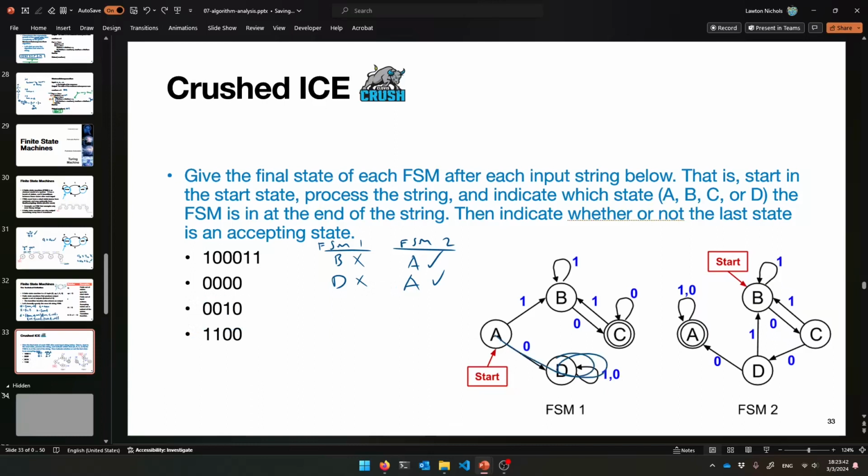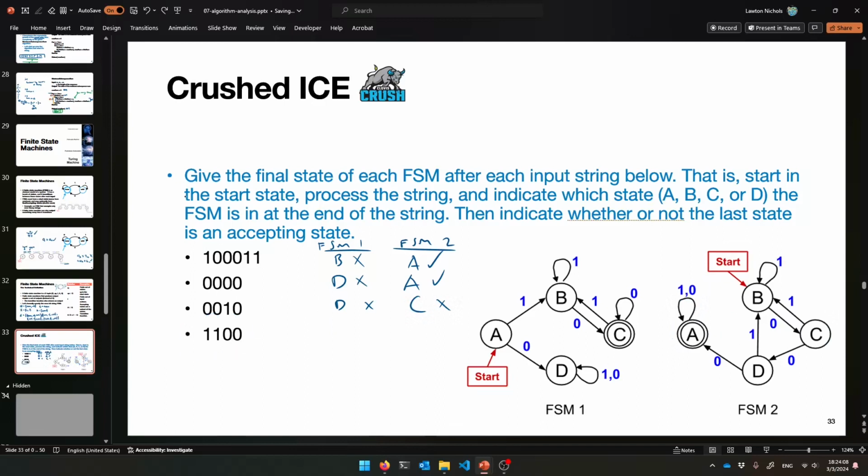Because it's never going to work if our first thing is a 0. It's kind of keeping track of that. So on D again, sadly, which is not accepting. And then finite state machine 2 on 0, 0, 1, 0. We're ending on C this time. But that's not accepting. Only A was accepting for finite state machine 2.